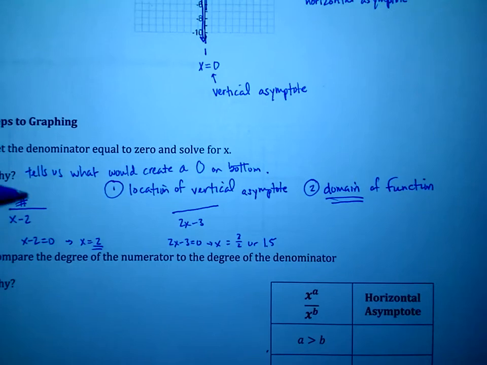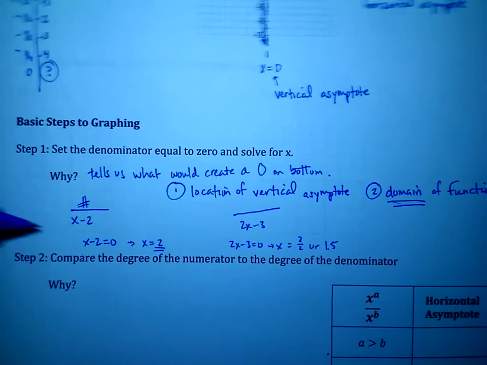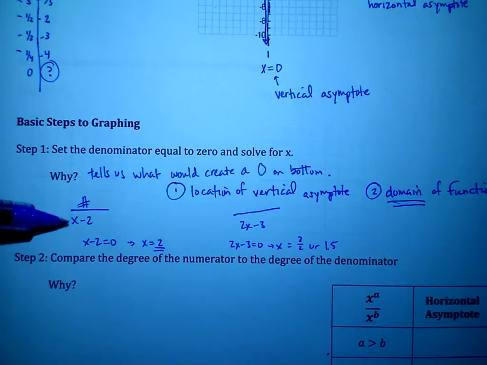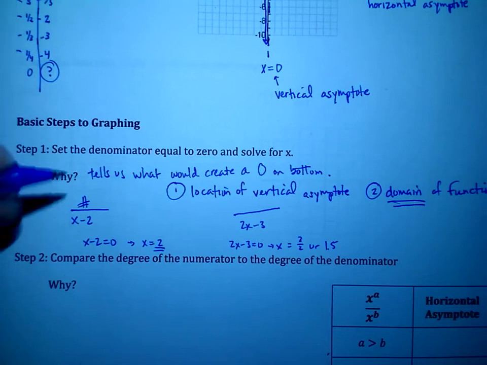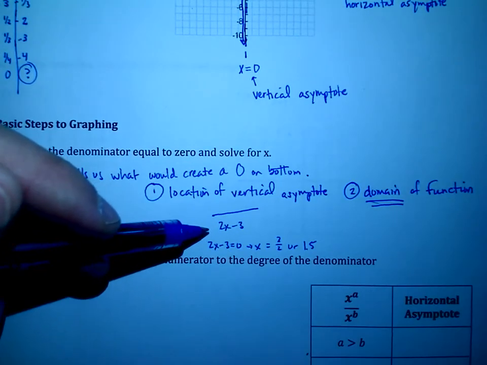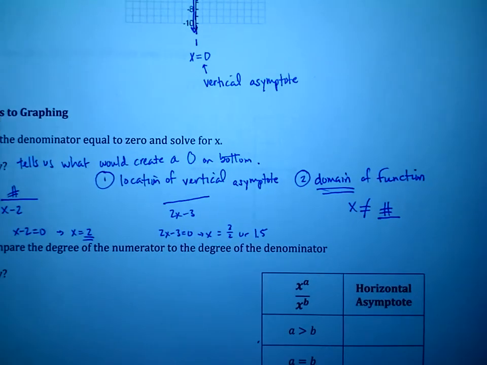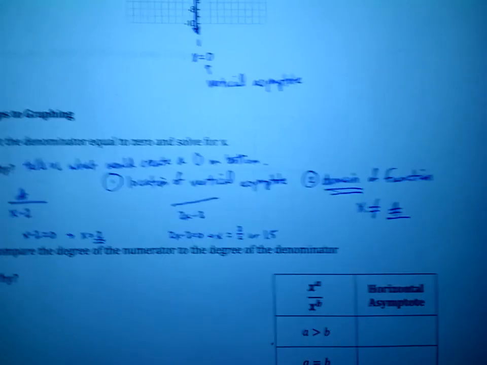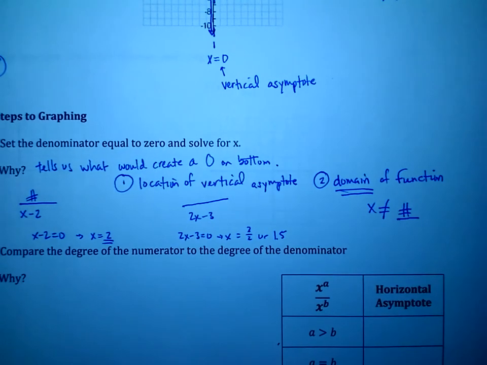When we work with fractions, in this example, if 2 gives us an issue because that's 2 minus 2, divided by 0, then we would say that x can't be 2. In the other problem, we would say that x cannot be 3 halves. So x cannot be whatever number gives us a 0 on the bottom of the fraction. That's why we set the denominator equal to 0 and we solve.